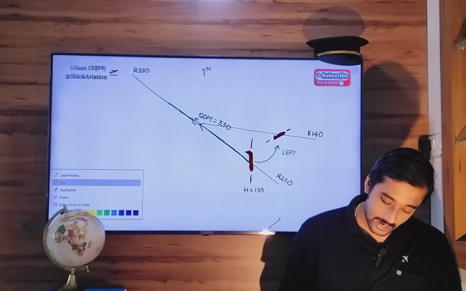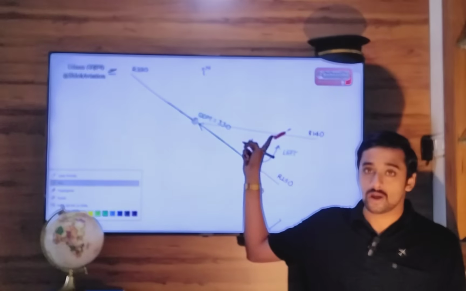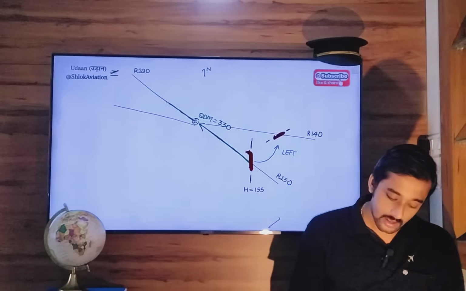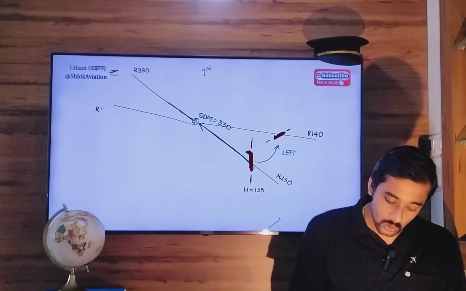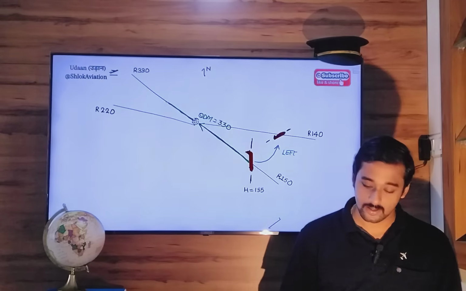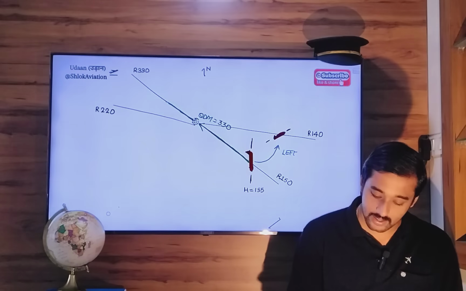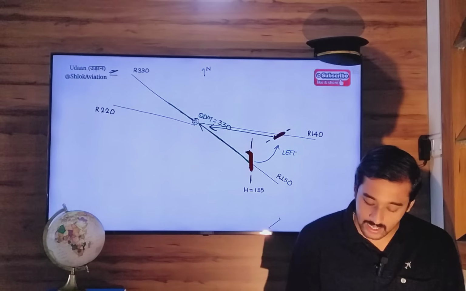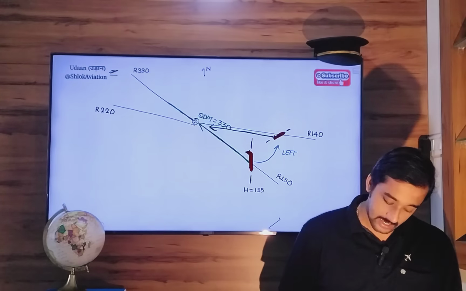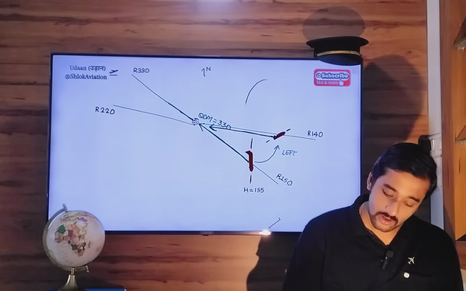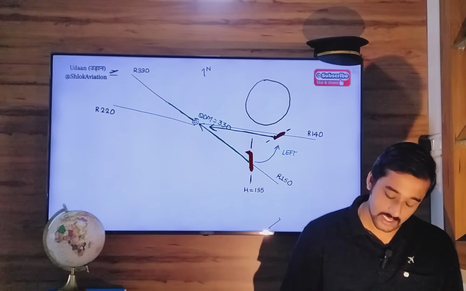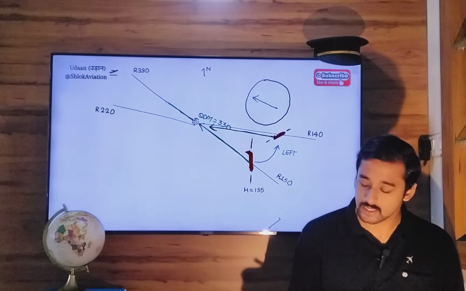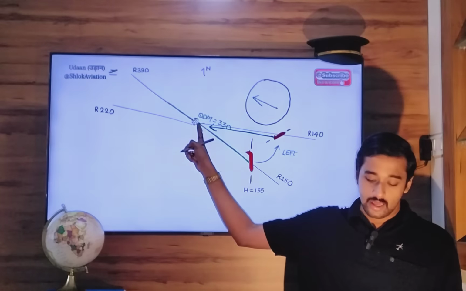So when you are at radial or track 140 from the NDB station, the reciprocal track will be track 220 from that NDB station. So whenever you intercept that track, the RMI will point towards the NDB station like this.